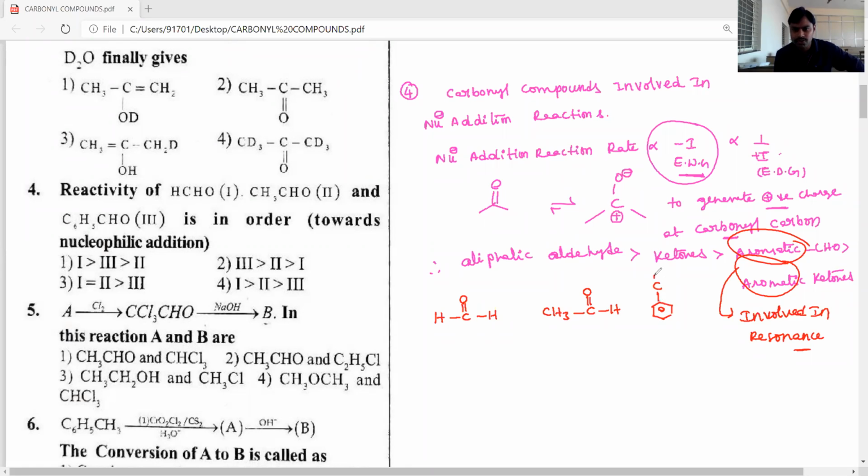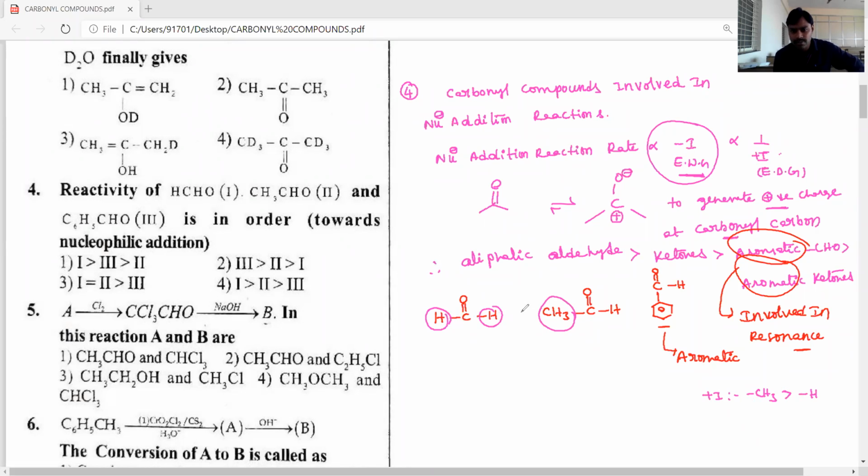It's very clear, dear students. These are aliphatic aldehydes; benzaldehyde is aromatic, so it is very less reactive. Now we have to compare the hydrogen atoms with the CH3 group. CH3 is a more electron donating group; its plus I effect is more when compared to hydrogen atoms.